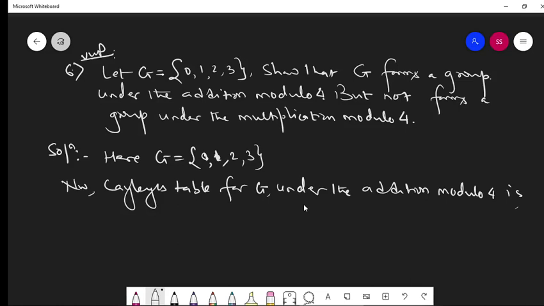It means therefore plus 4 satisfies the associative axiom.